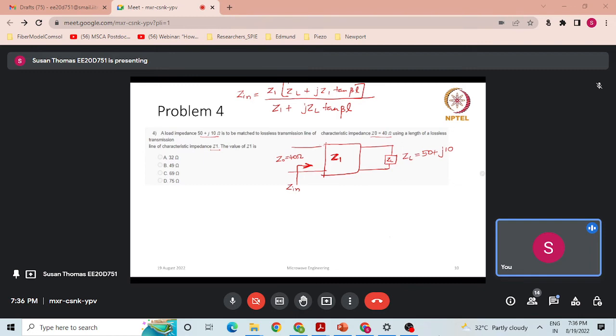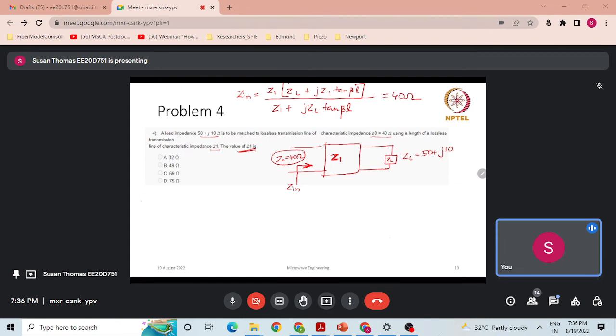It is mentioned that you have this input impedance to be 40 ohms. Now, what is being asked of us? We need to find what is Z1.